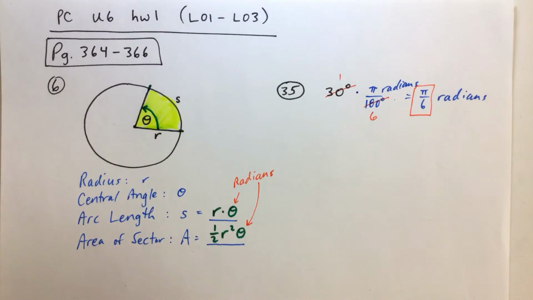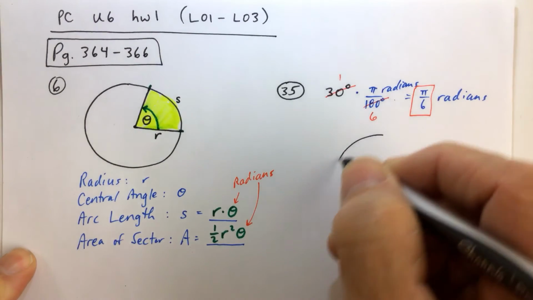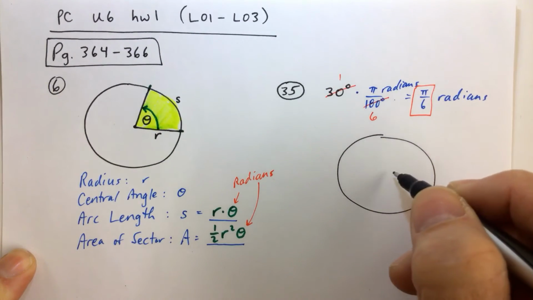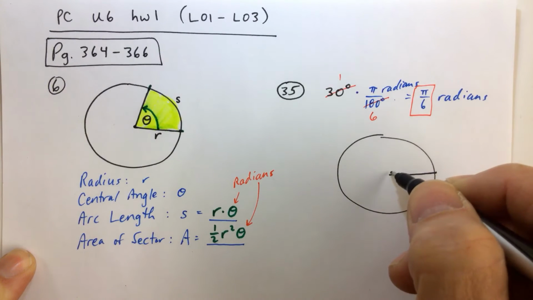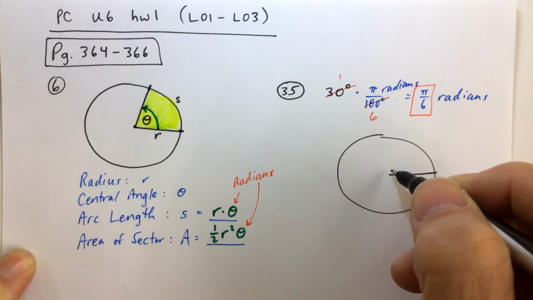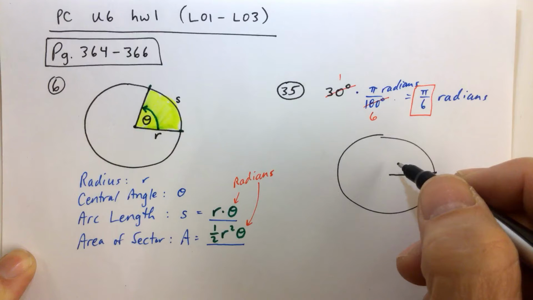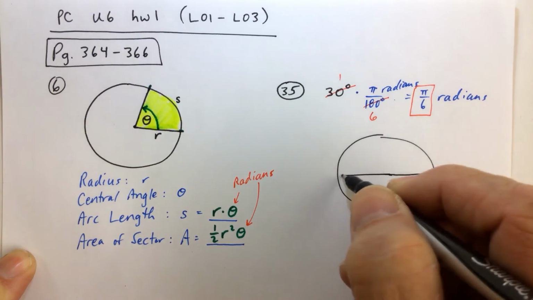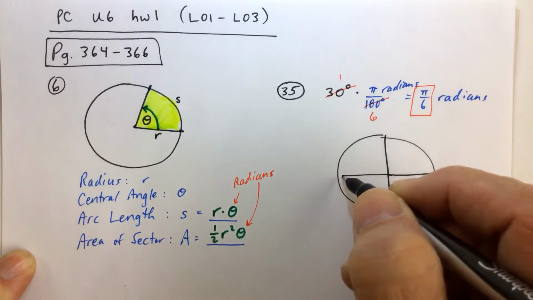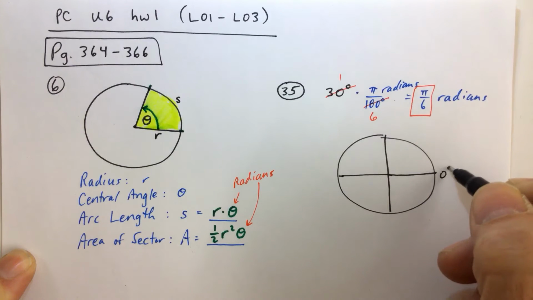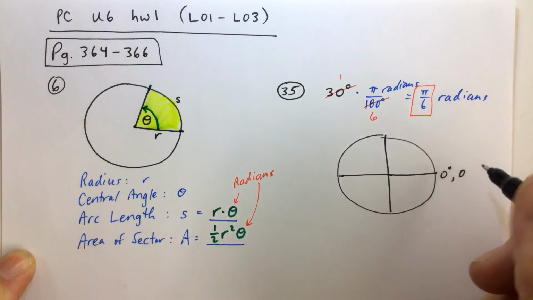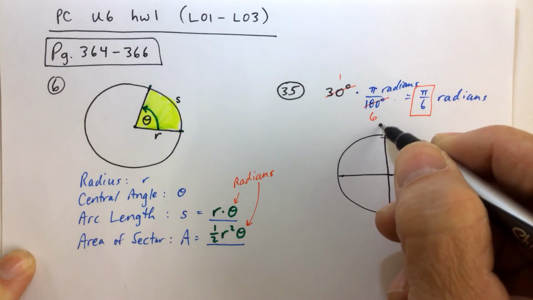Now one thing I should note is that it's really a huge time saver if you can memorize the unit circle. The unit circle is broken up into quadrants, and over here we have 0 degrees, that's also 0 radians, and then over here we have 90 degrees.